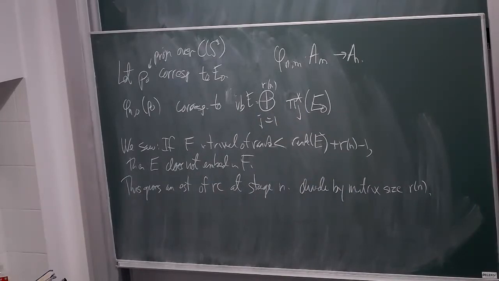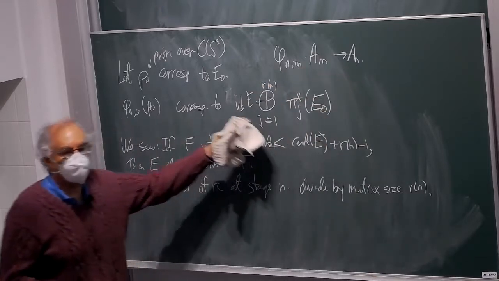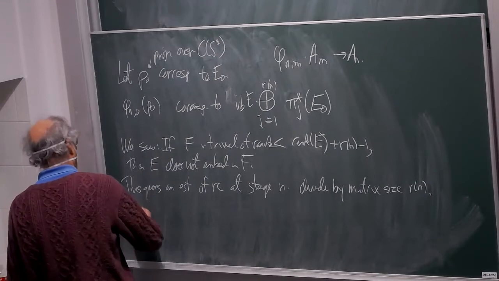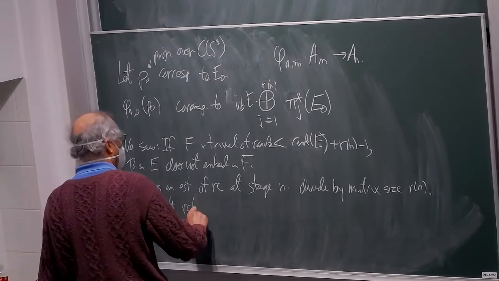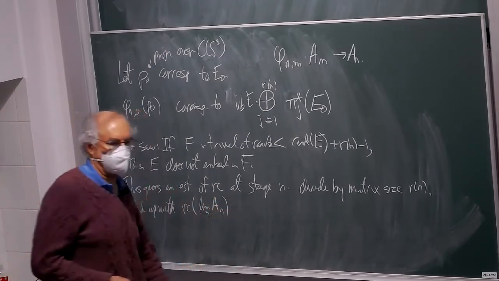Okay, so what you really have to do is look at something in the direct limit and get back, and I won't do that. But you end up with RC of the direct limit being roughly 1.